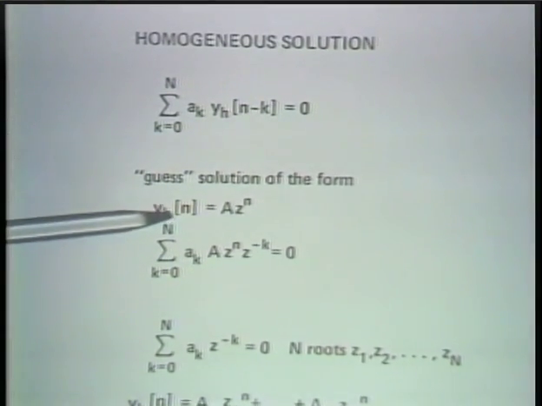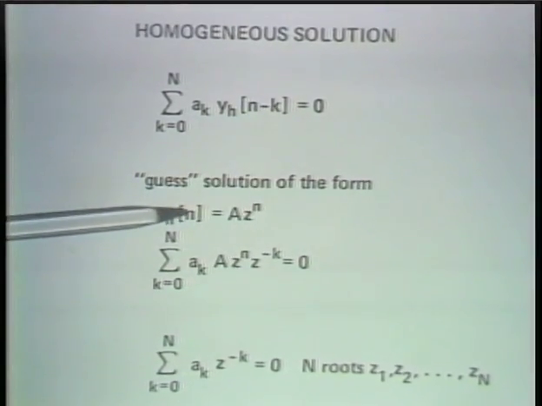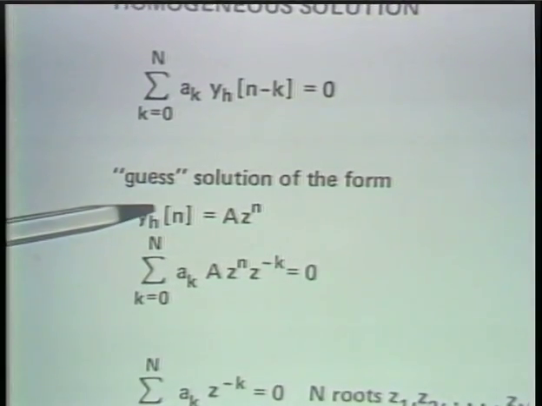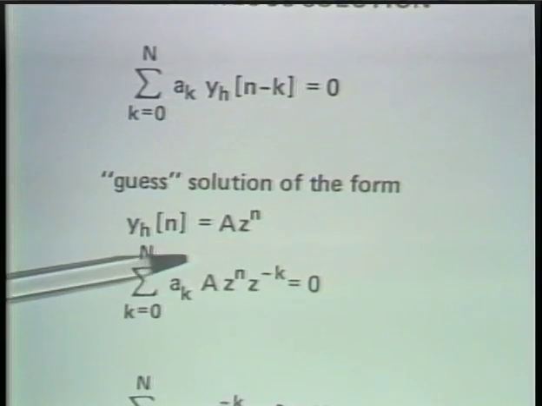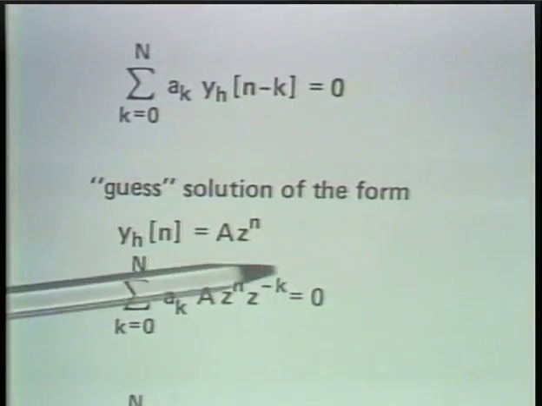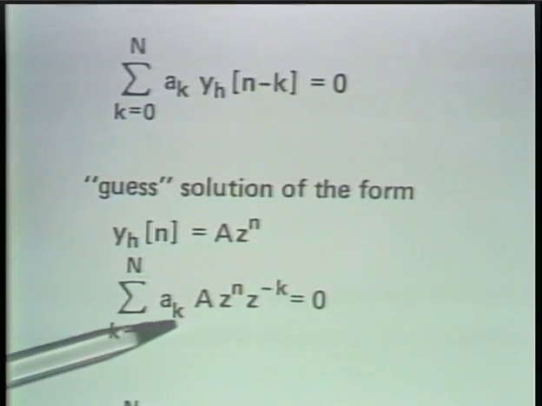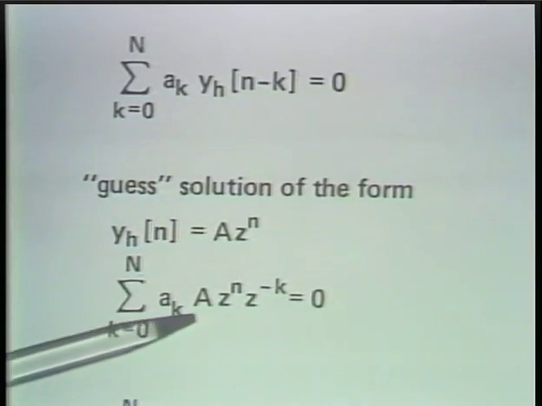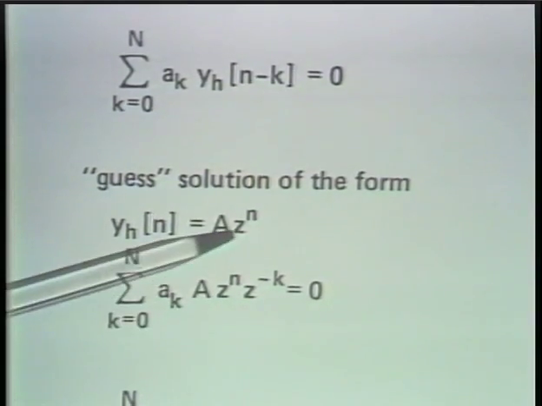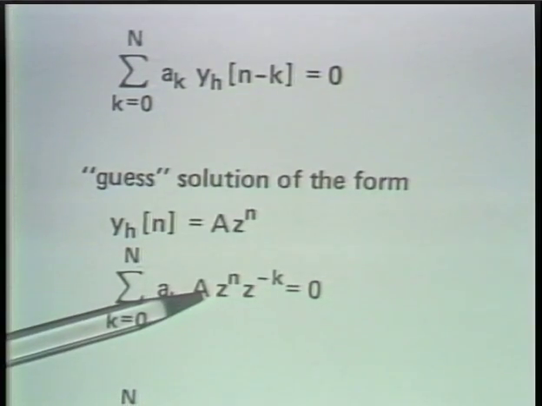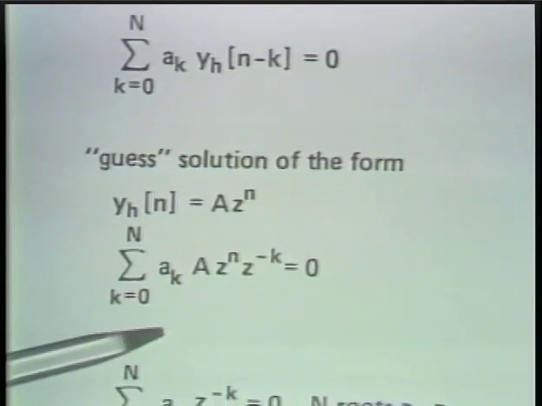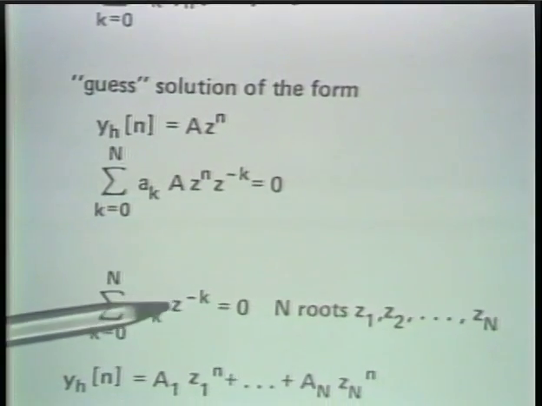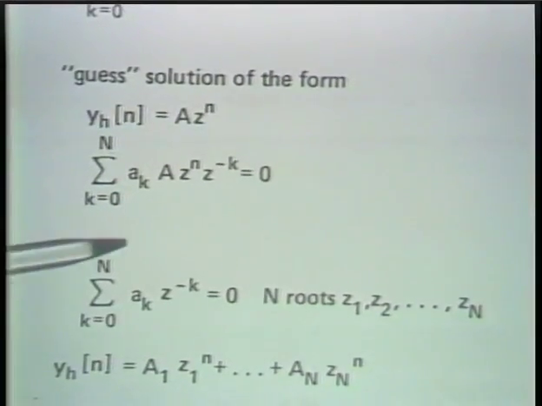As with differential equations, we can guess or impose solutions of the form a times an exponential. When we substitute this into the homogeneous equation, we then end up with the equation that I've indicated here. We recognize again that a, the amplitude, and z to the n, this exponential factor, cancel out. And so this equation is satisfied for any values of z that satisfy this equation.